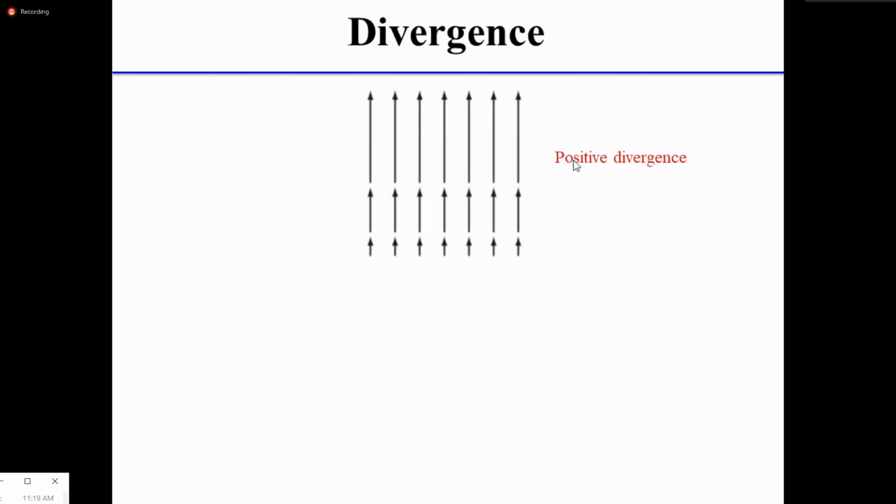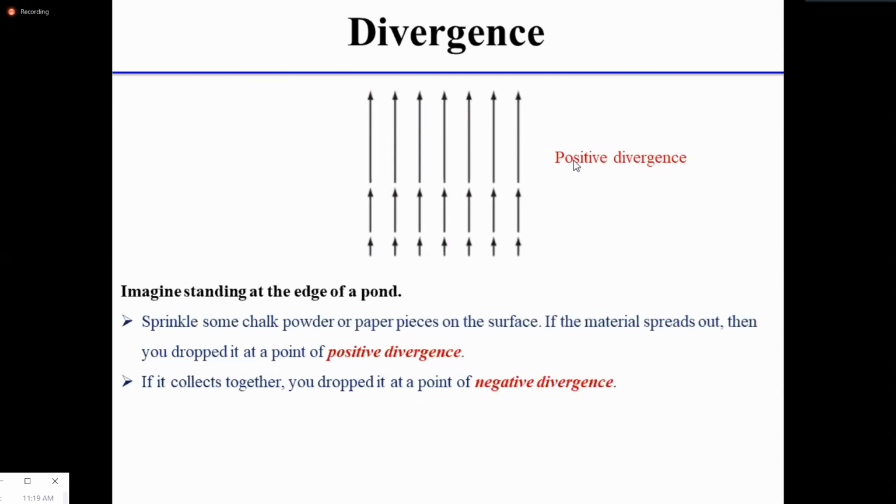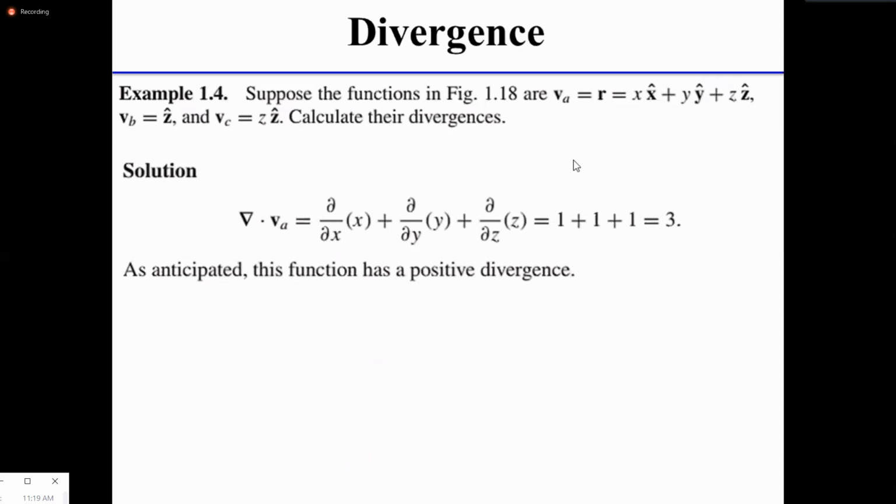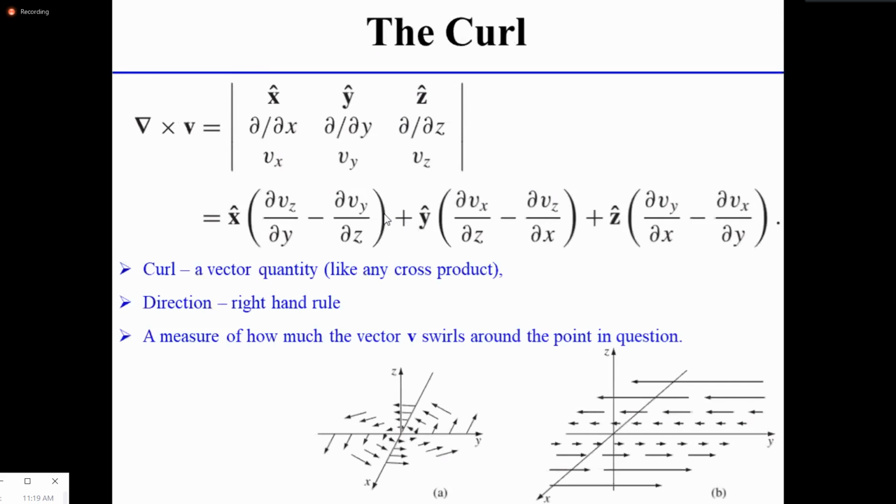Okay, sir. And in the determinant, the second row is for partial derivatives. Yes, the second row we show partial derivatives. Then, sir, del Vz by dy means Vz is only the vector in the z direction. Then how can we differentiate with respect to y? It is in a particular direction, right?